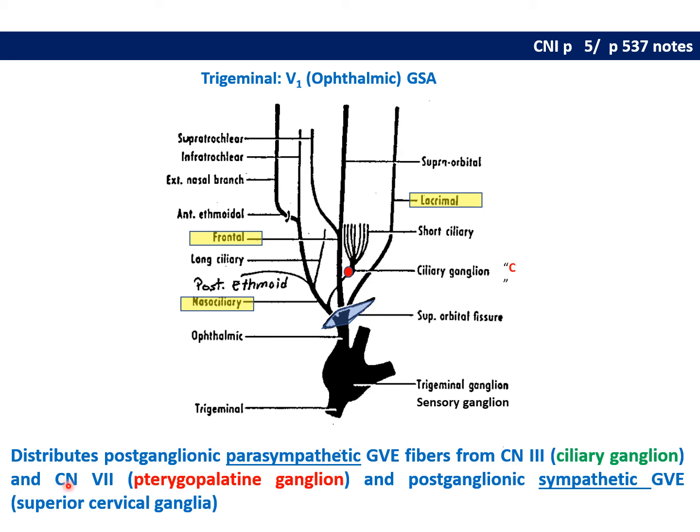And then the lacrimal nerve distributes parasympathetics from the pterygopalatine ganglia, which is sitting in the pterygopalatine fossa that we saw through the infratemporal fossa, in order to innervate crying. And then the sympathetics were those GVE fibers that were distributed by the long ciliary nerve in order to get to the pupil.